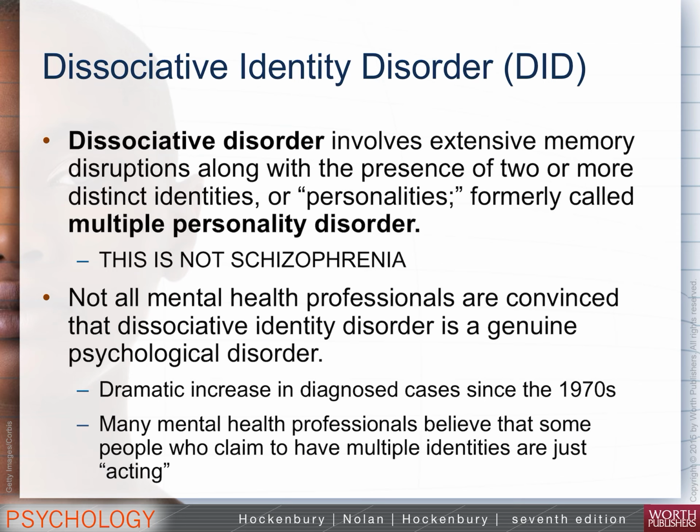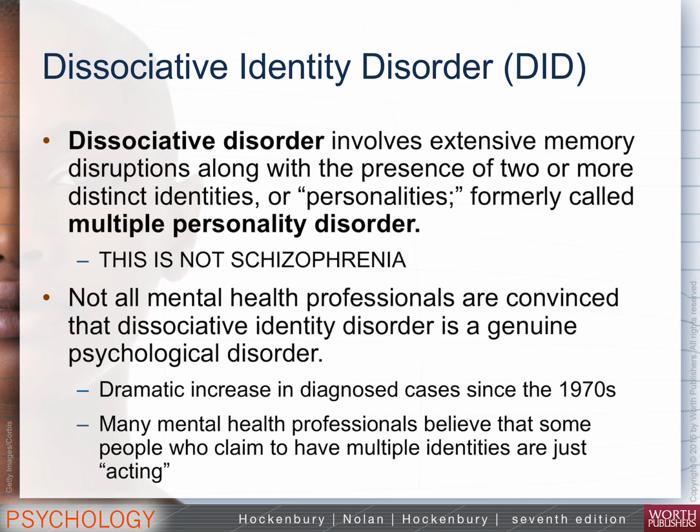There was a really dramatic increase in diagnosed cases since the 1970s. Interestingly, in the early 1970s, there were several books, films, and television dramas about multiple personality disorder. They became very popular, and some patients may have actually learned how to behave like a person with multiple personality disorder.